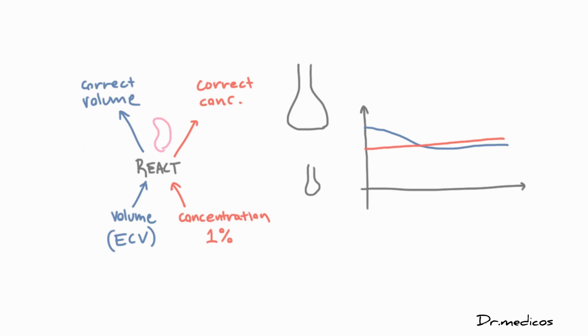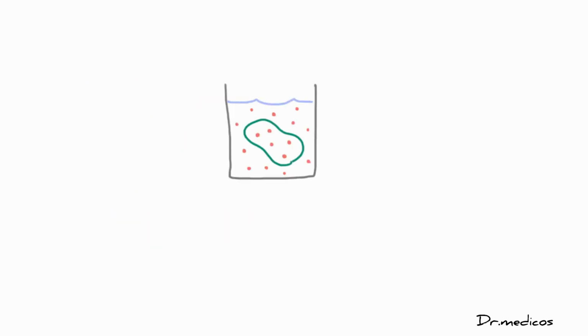And that's because the body is very careful to regulate concentration, but less careful to regulate extracellular volume. So throughout your life, over the months, over the weeks, your volume can change, your water weight can go up and down, but the actual concentration of sodium in your blood barely changes from day to day, from week to week.